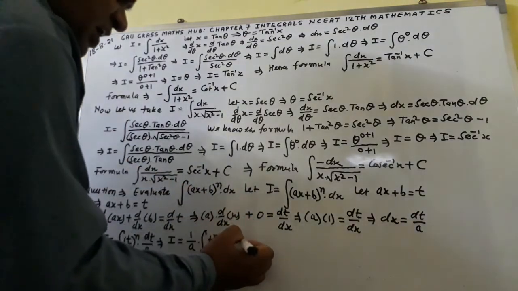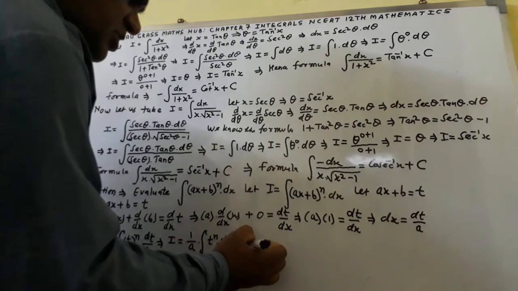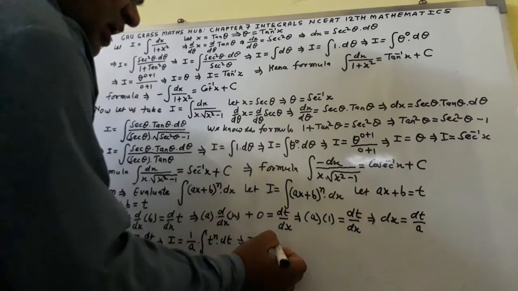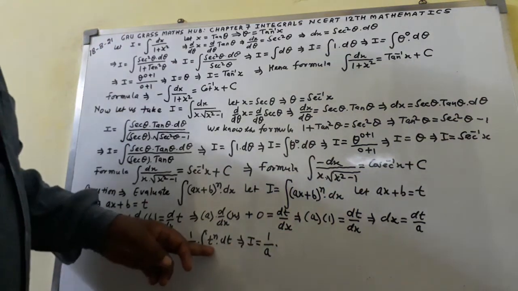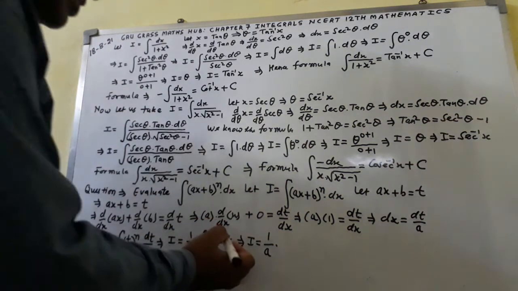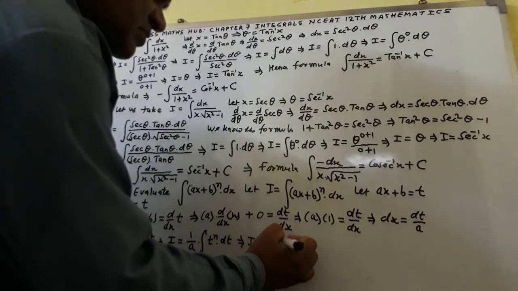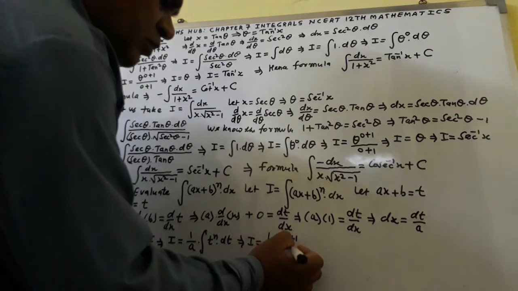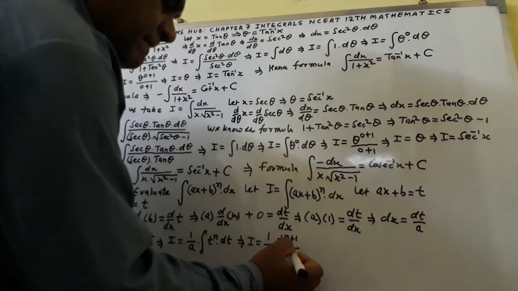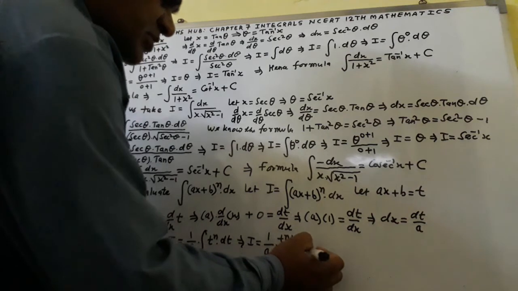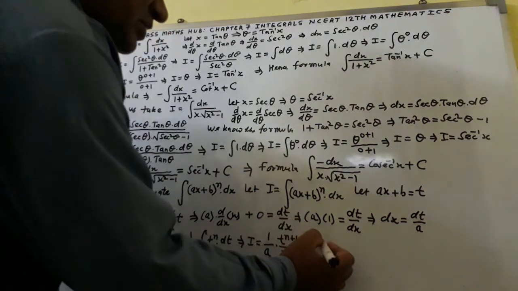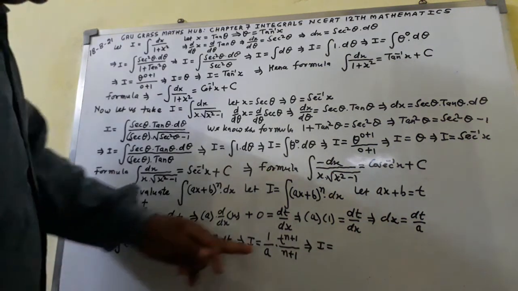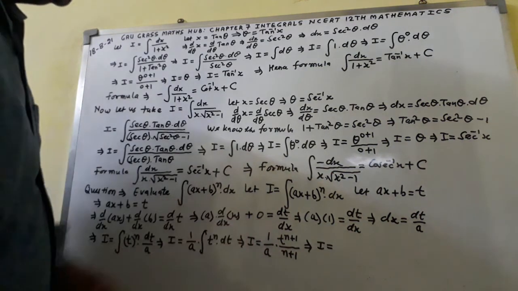You will get here I equal to 1 over a dot integral t raised to the power n dot dt. You will get here t raised to the power n plus 1 whole over n plus 1, implied that I equal to... here put the value of t.